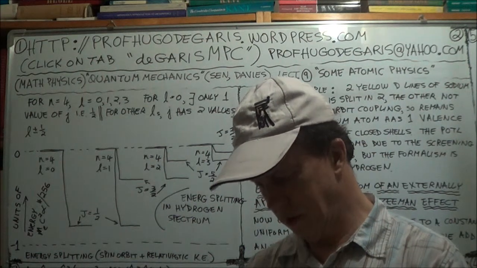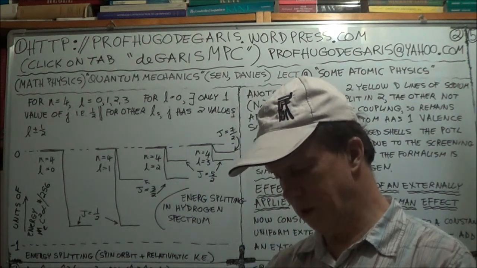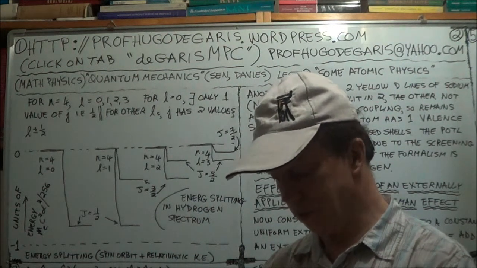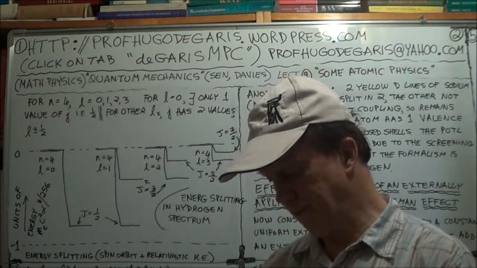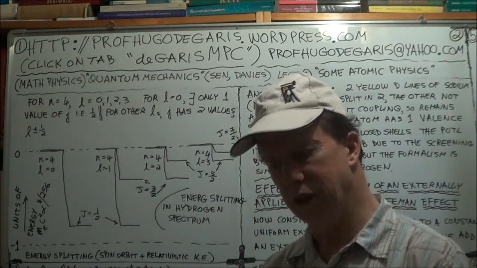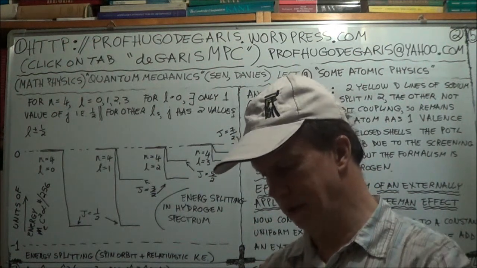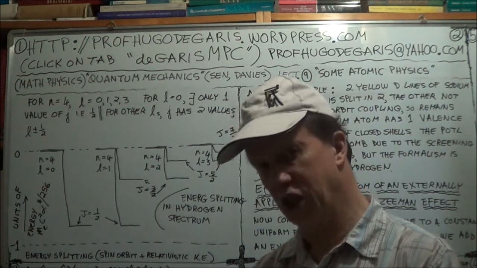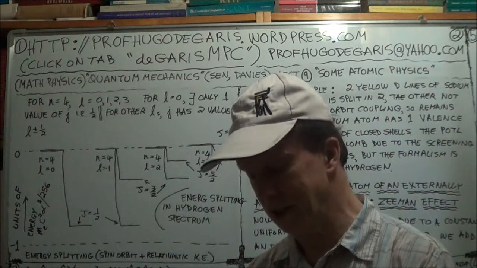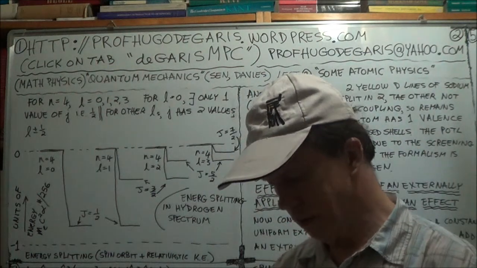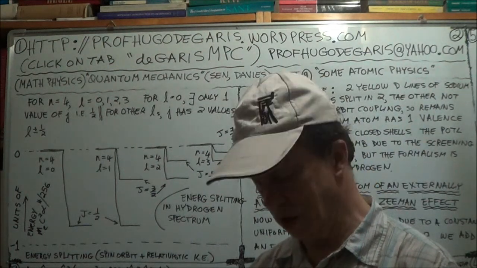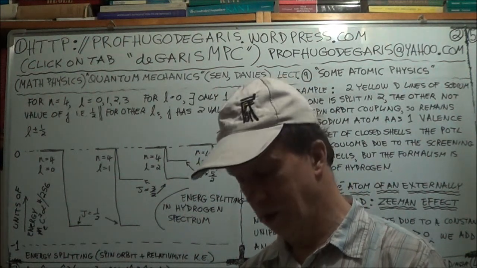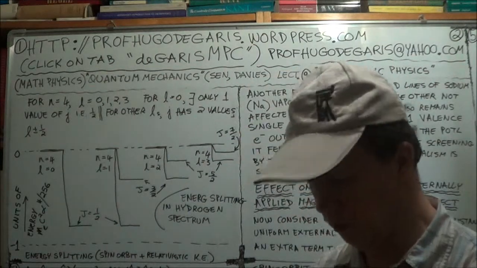A whole bunch of constants divided by n cubed times 1 over j plus a half minus other stuff. So the smaller j is, because it's in the denominator, the larger the energy shift. So as j gets larger, the energy change, the perturbation in the eigenvalue of the energy, will get smaller. I hope you follow that logic.